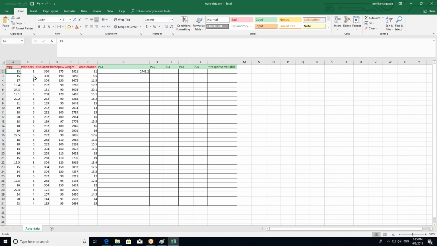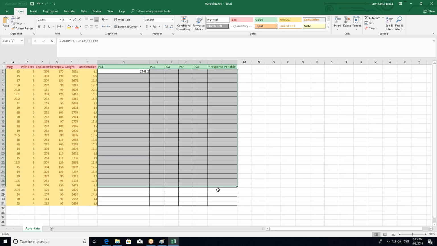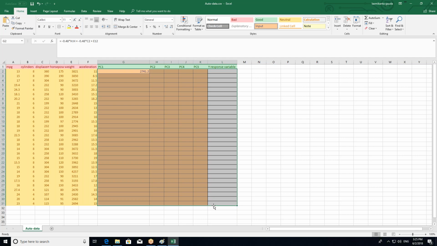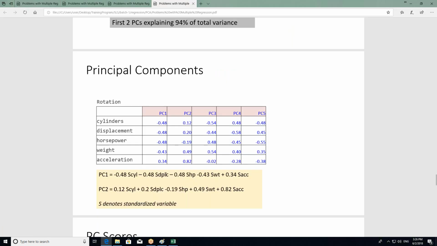This you can leave it. So populate this PC1, PC2, PC3, PC4, PC5 out of your MPG, cylinder, displacement, horsepower, and acceleration, and you maintain this Y response variable, and then you take these variables and build a linear regression model. Clear or not? Yeah, got it.